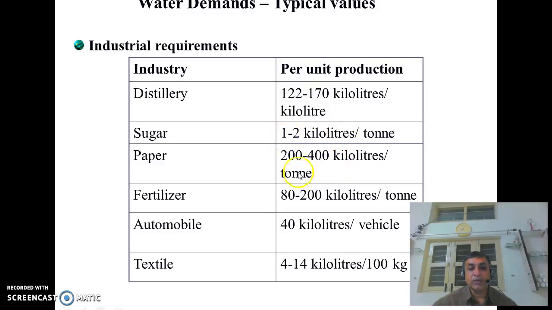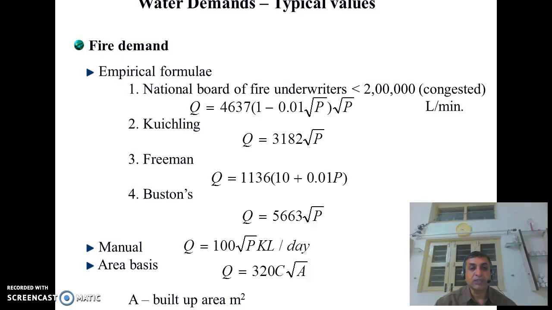Per ton of paper produced requires 200 to 400 kiloliters. Similarly, per 100 kg of textile linen produced requires 4 to 14 kiloliters of water. They are industry-specific requirements. Normally, this supply should be covered by the individual industries, not as a part of the public water supply system.